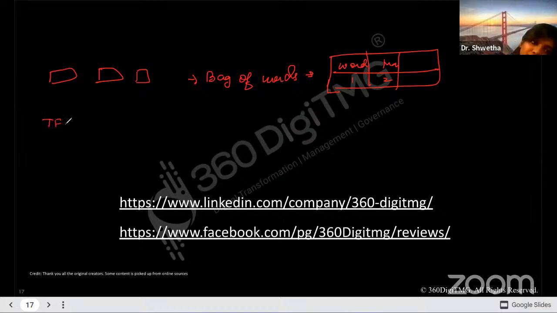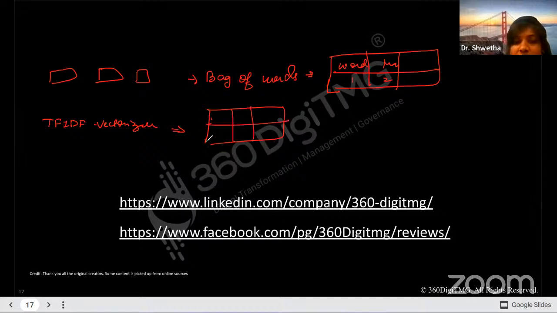Then we can also go for the TF-IDF vectorizer, wherein we are vectorizing the data. How much importance has to be given to each word in each review? Say one word like keyboard is repeated 100 times, how much importance should this word be given compared to all other words? That is calculated using the TF-IDF vectorizer.